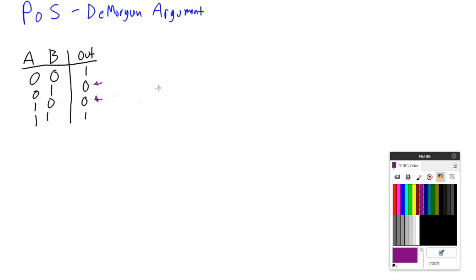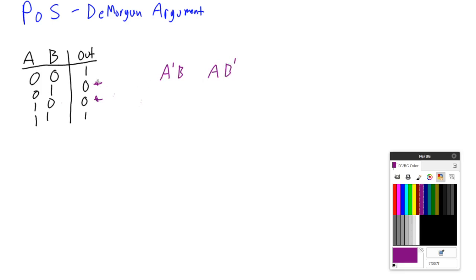Well, we take a hint from our sum of products form, which is we're at this row if we're at A not B. A ANDed with B not means that we're at this condition here. Then our other row here is A not ANDed with B.